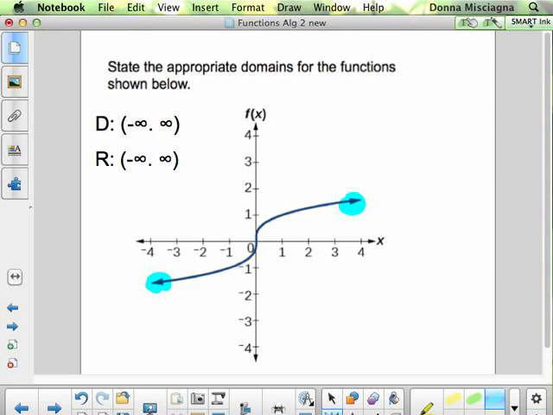You can clearly see that the graph is moving out to the right and to the left. It's also moving up and down. So the domain and range are all real numbers for both, right? That function will eventually get to every number on the x and every number on the y. It's just going to keep moving to the right and left. It's going to keep moving up and down.